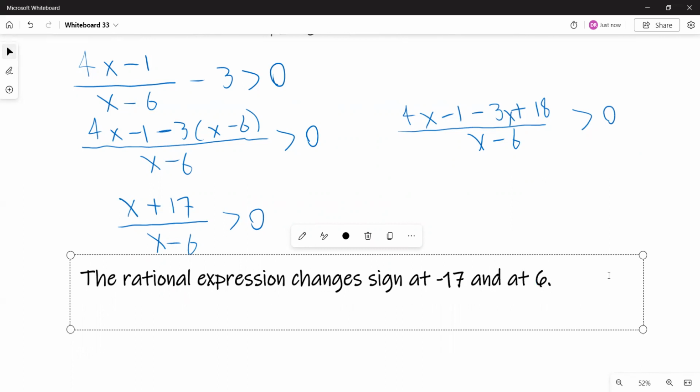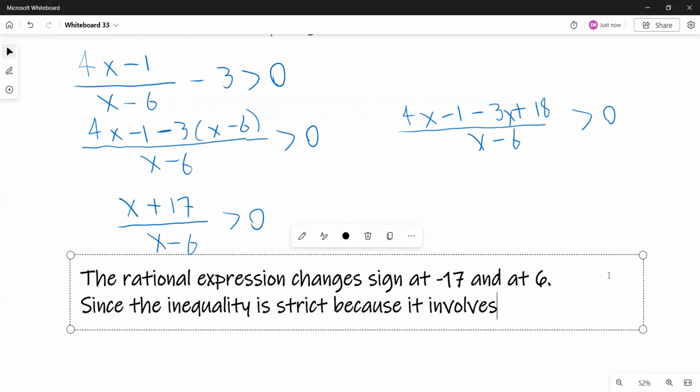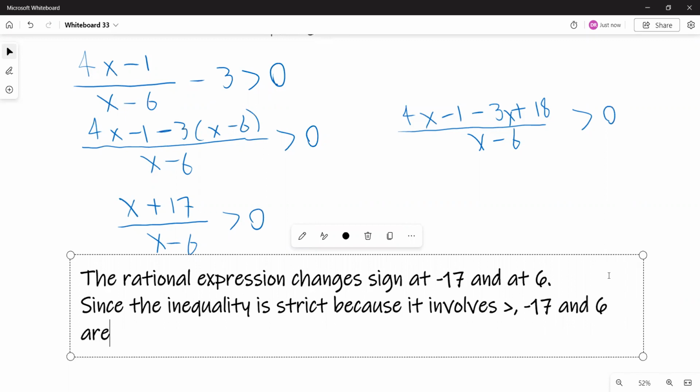And since the inequality is strict, because it involves greater than, -17 and 6 are not part of the solution set. They are excluded from the solution set.